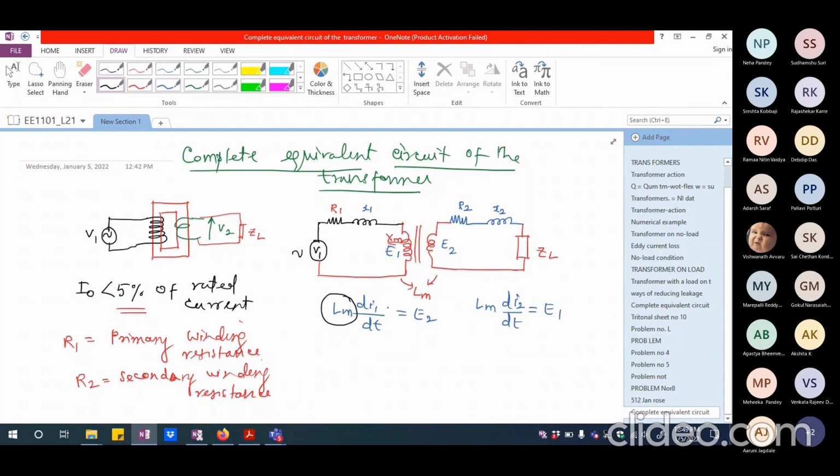What is causing really the primary and secondary to be linked with each other? They are linked with each other not electrically but magnetically. And magnetically they are linked with each other because there is a common flux between the primary and secondary. That's the only reason why you are getting this induced EMF. So when I look at Lm, initially E2 is induced only because of whatever is the current that is drawn by the primary.